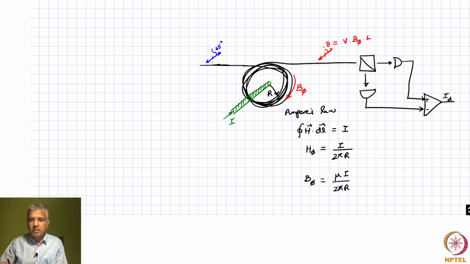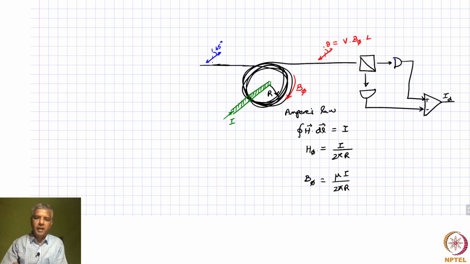So why is this important? It's important because you could get changes in theta from the random birefringence you have in the fiber, due to external perturbations. But all that random birefringence would cancel if you put a reflector here and send the light back.